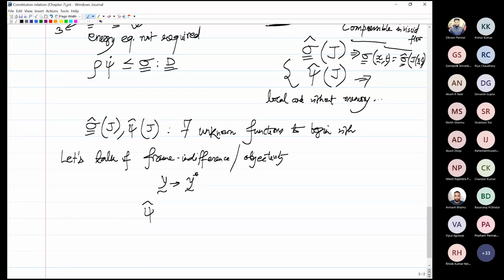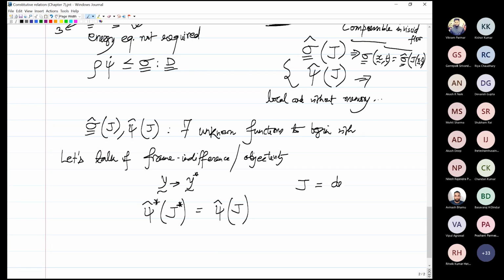So psi hat star of J star should be the same as psi hat of J, because psi is a scalar. But what is J?